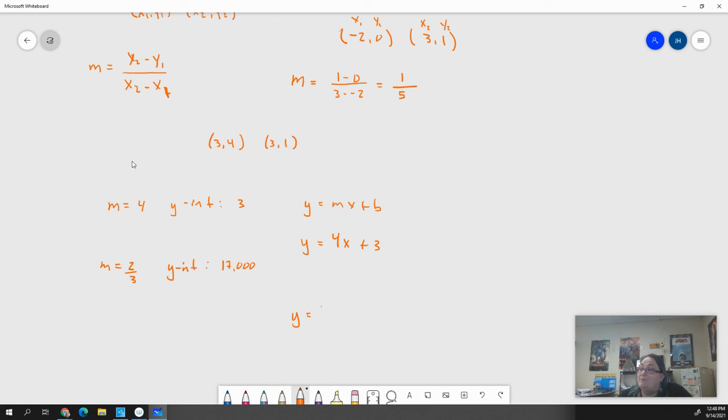It would be y equals 2/3 x plus 17,000. I would hate to be the one who had to make that graph to put the y-intercept at 17,000, but you get the general idea, right? As long as you know the slope and you know the y-intercept, you can write the equation of any line.